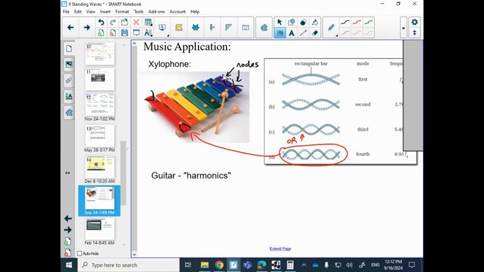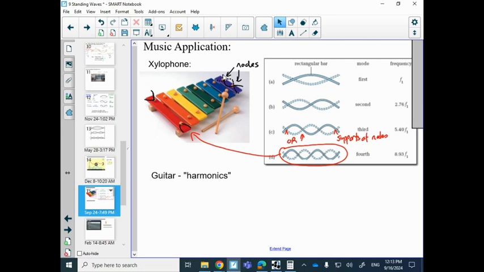But still the same idea as we're supporting it at the nodes. So supports at nodes, because obviously then the bar isn't needing to move there, so you can touch it without grounding out a lot of the vibration and stopping it from ringing.